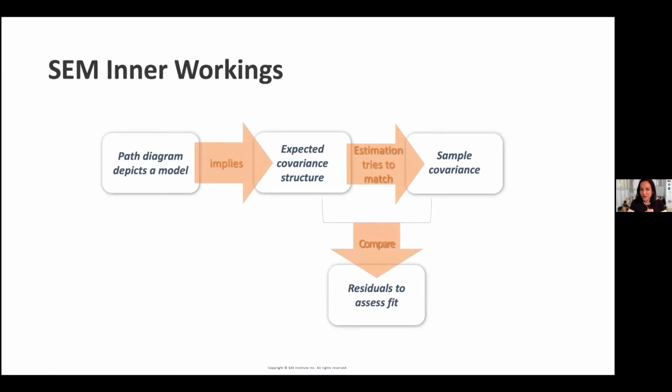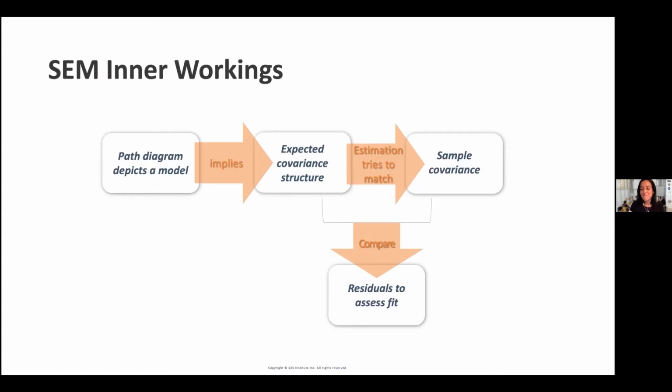So a very important aspect of this process is that we really need to know what is the expected covariance structure given the model that we have, right? We can draw a path diagram and get really creative putting arrows and all this good stuff, but we also need to know what that drawing implies about the covariance structure of our data. And so that's what we're going to see next.